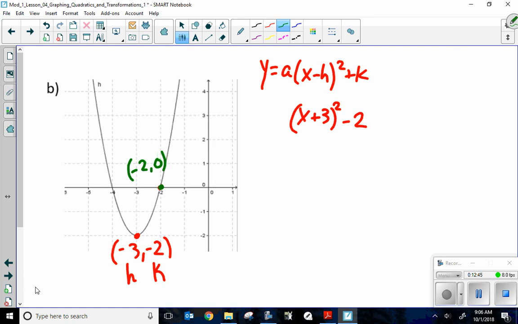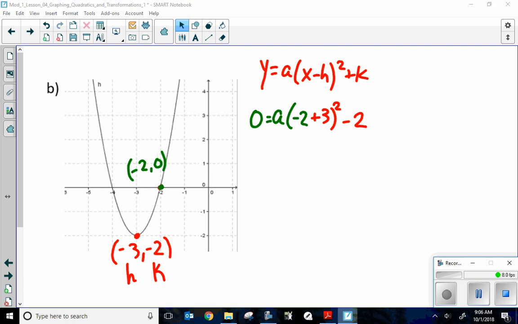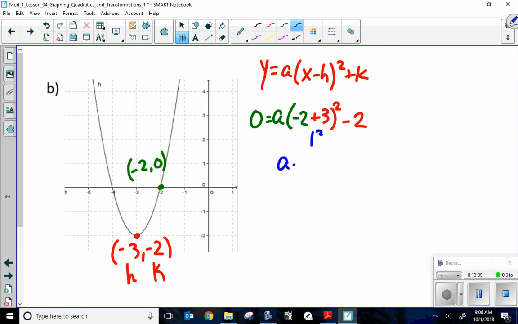All right. So we have -2 on the x, 0 on the y. I just need to solve for a, and I can get this equation. All right, let's do this. This will give me 1, and 1 squared is 1. Okay, so it's a times 1 minus 2 equals 0.